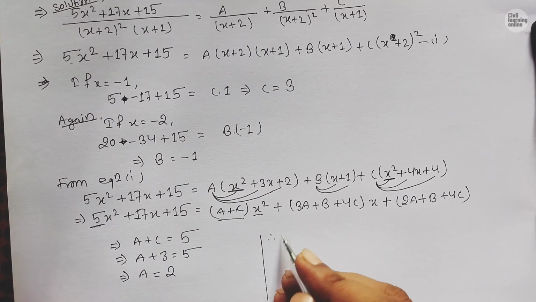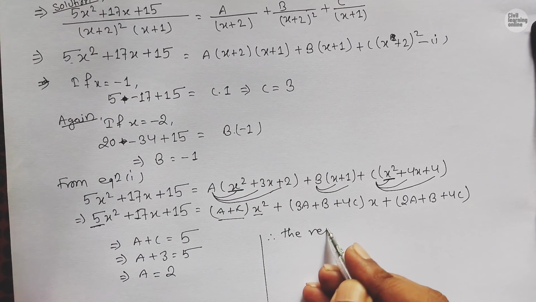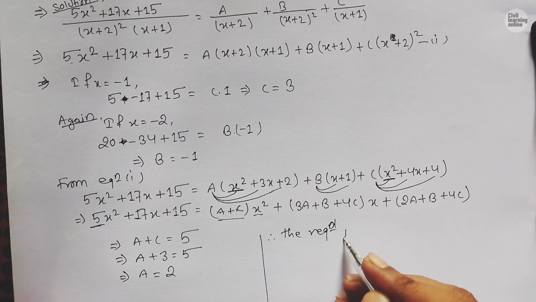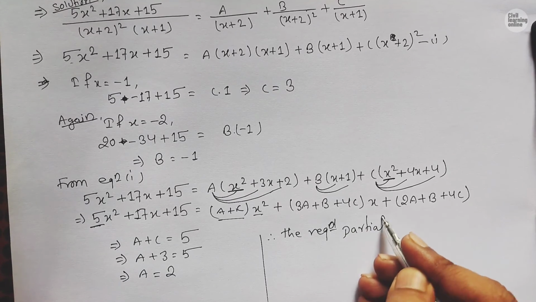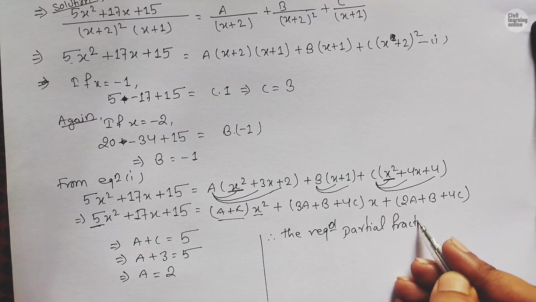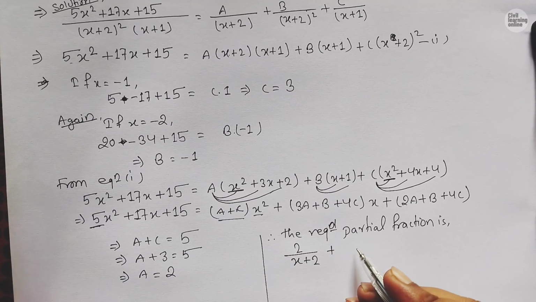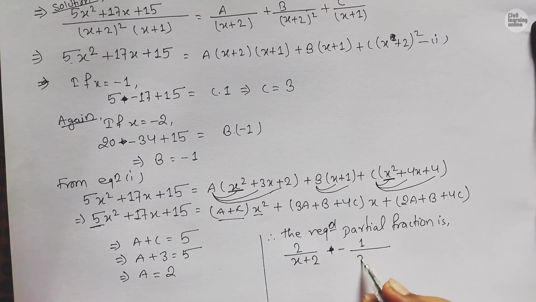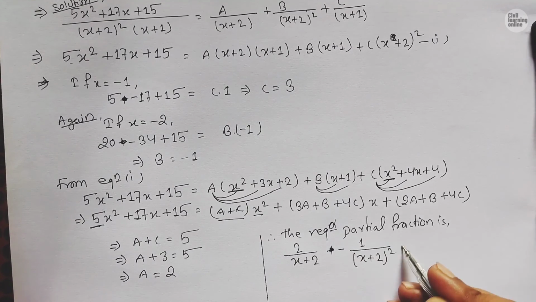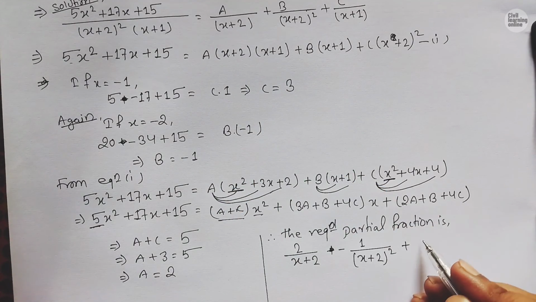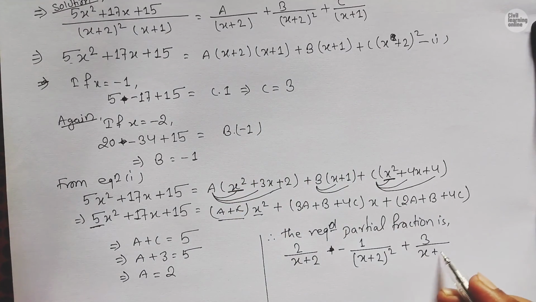Therefore the required partial fraction is a, which means 2 upon x plus 2, plus b is minus 1, so minus 1 upon x plus 2 the whole squared, plus c, the value of c is 3, upon x plus 1, and this is our required answer.